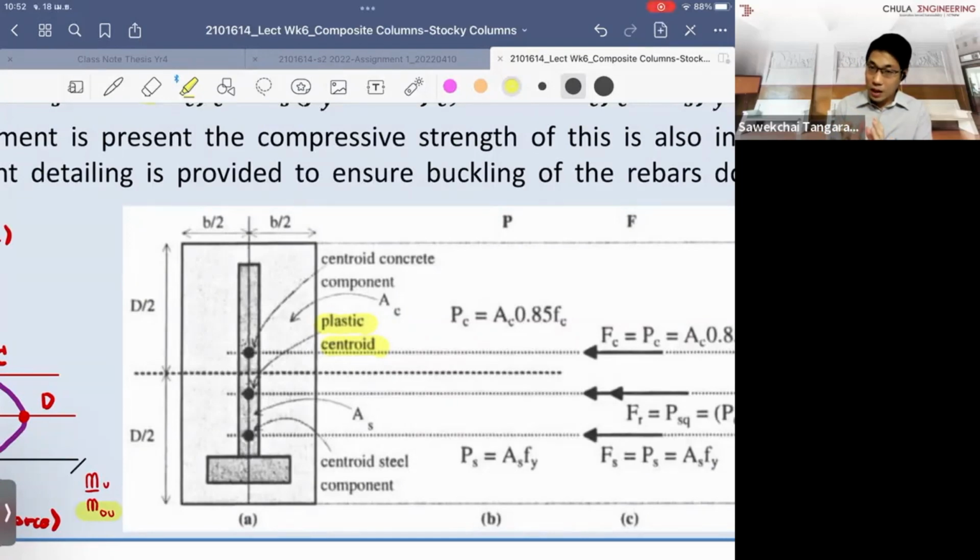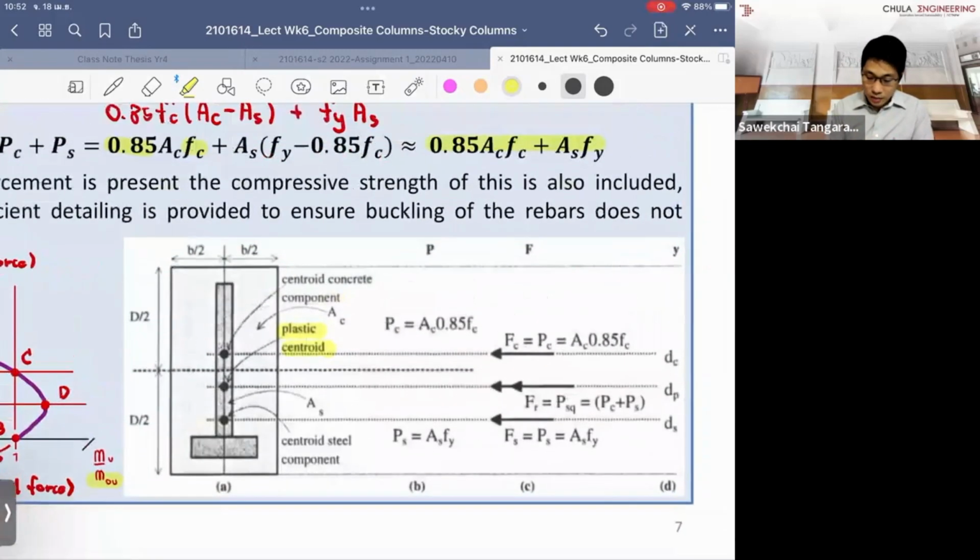We used to calculate the centroid of the cross section by using the first moment of areas, and normally it doesn't happen that way for the plastic centroid. For the plastic centroid, you have to check the equilibrium of the force, right?